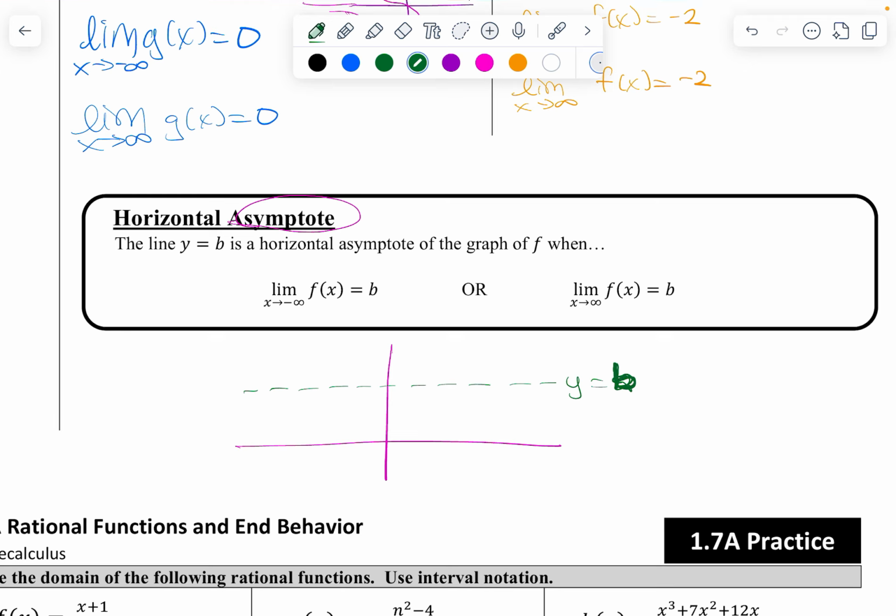Then that means no matter what the function is looking like, no matter where it goes, as it approaches to the left, it'll be getting close to b. It could even be coming up and cross it, but then the end behavior still approaches that b. We could also see something like this, where it approaches that b value. So the limit as x approaches -infinity, aka left, goes towards that y value of b. The right goes towards that y value of b.